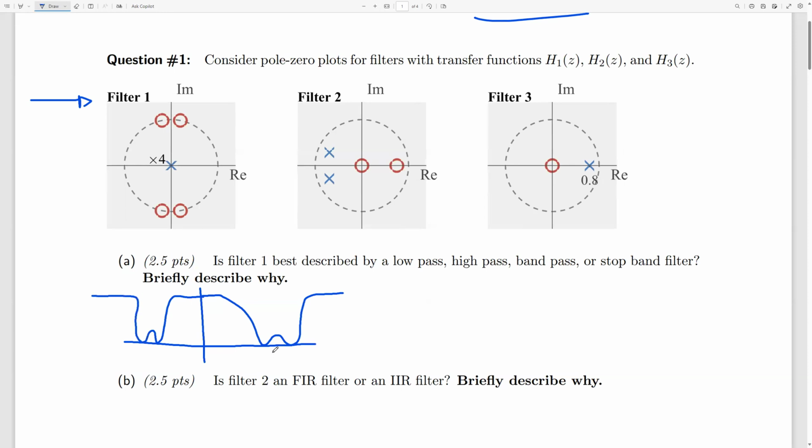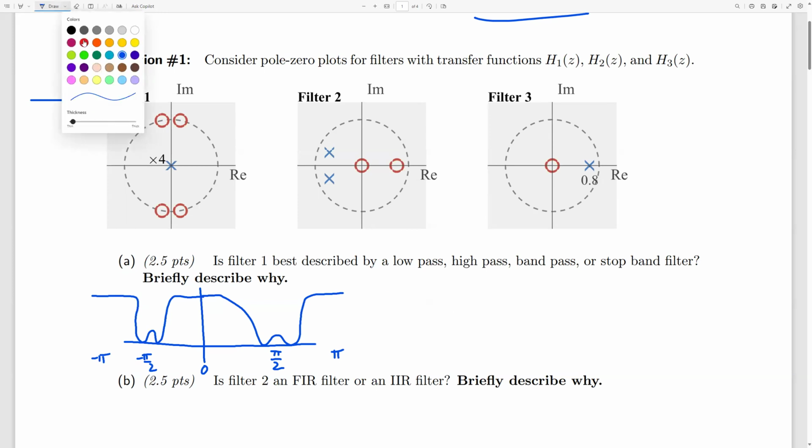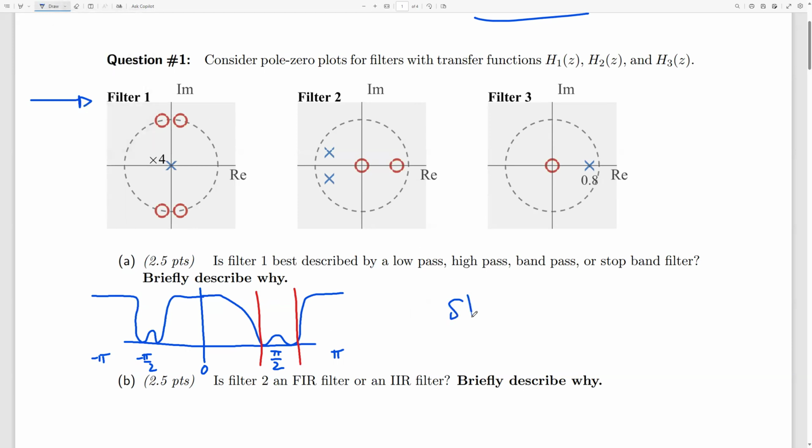If you want to label your axes, this is pi/2, pi at the tail end, 0, negative pi/2, and negative pi. And this is an easy stop band because you're getting cut off near pi/2. And that's your answer.